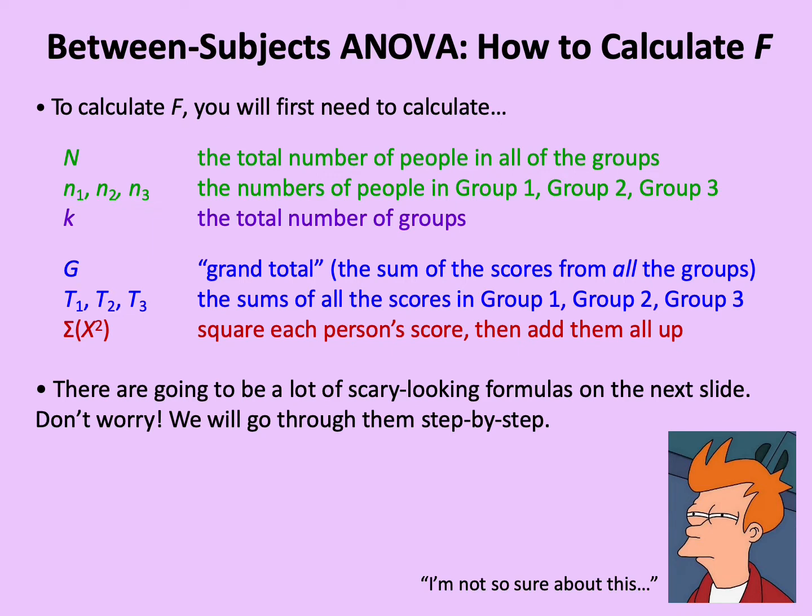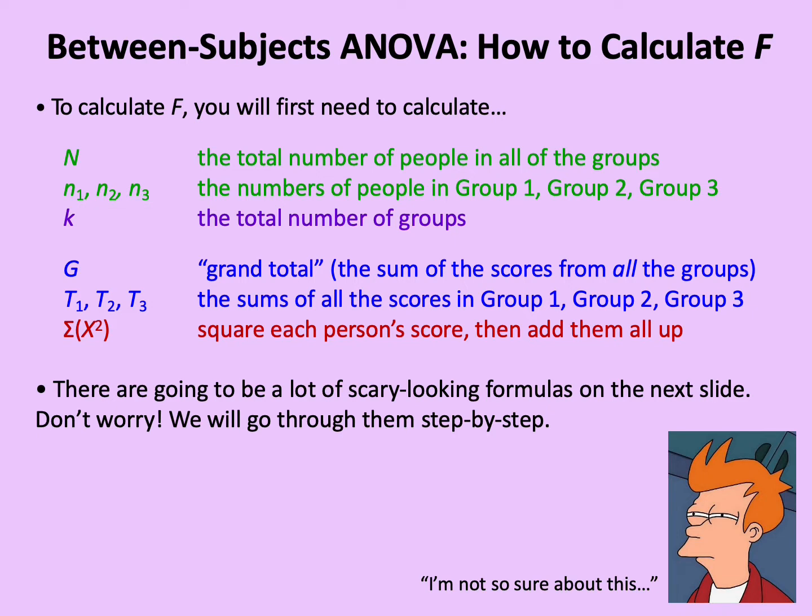And then we have K, and that is the total number of groups, or alternatively, the total number of levels of your categorical independent variable. So when I first proposed that study looking at people's memory, we have one group that reads, one group that tests themselves, and one group that uses a mnemonic. So we have one categorical variable, type of task, and it has 3 levels or 3 groups of people. So K is equal to 3.